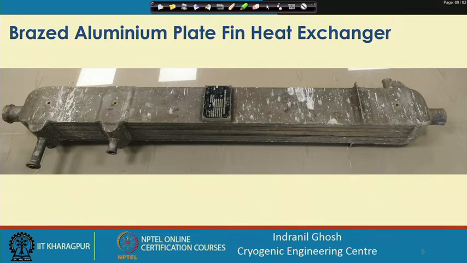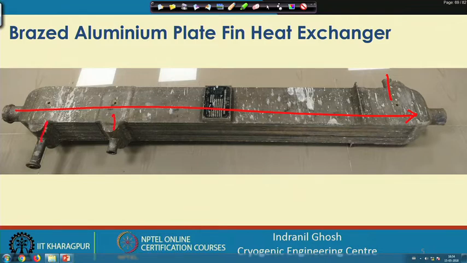Just to show you how it looks, we should actually have a length scale. You can understand that this is the length, and we have one fluid flowing from one end to the other end, directly from this end to this end, and another fluid entering here.